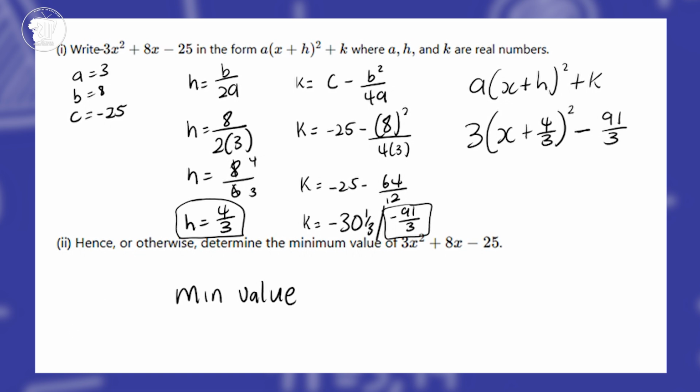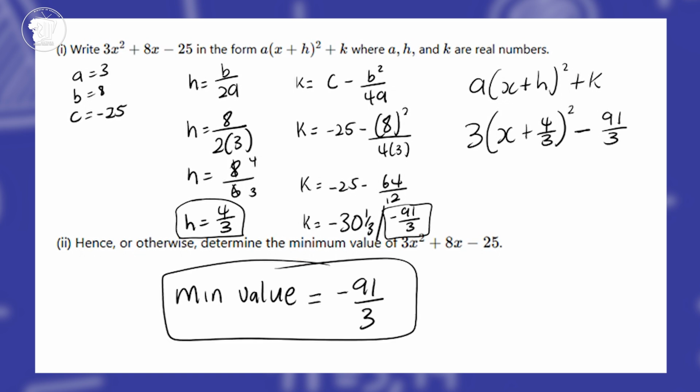Had this been a negative, the graph would have opened down, and we would have had a maximum. In this case, we have a minimum because this here is positive. The minimum value would be whatever k is. So the minimum value here would be negative 91 over 3, and that is the minimum value for this quadratic.